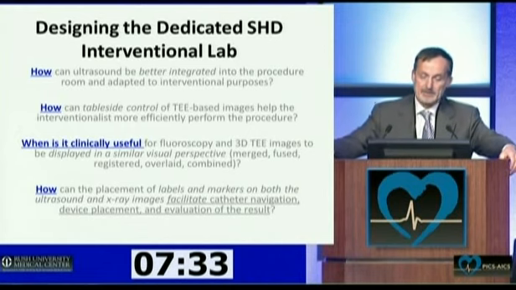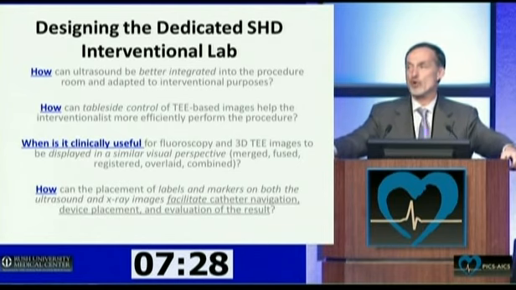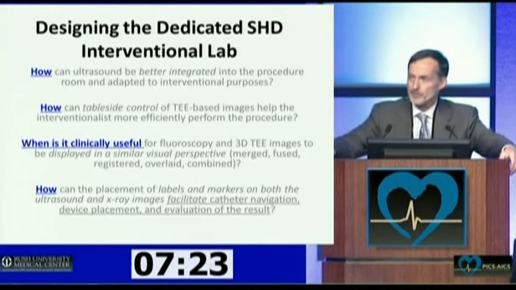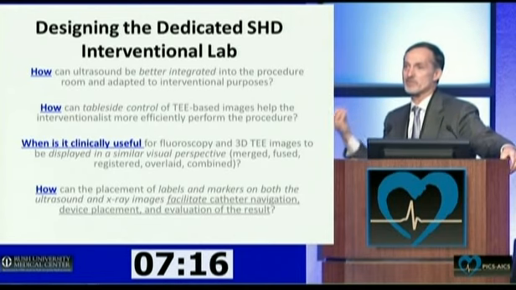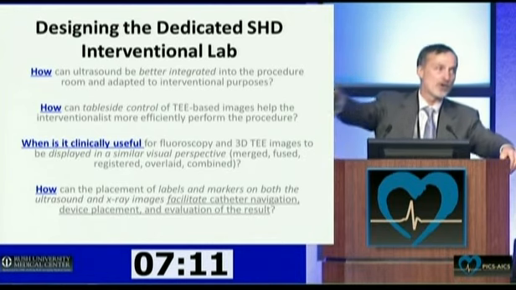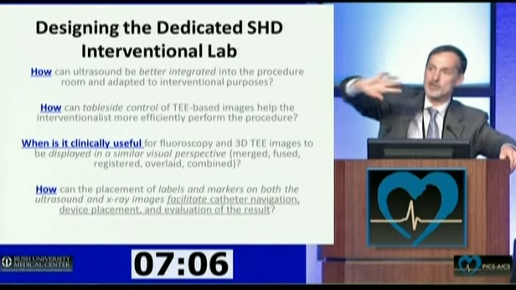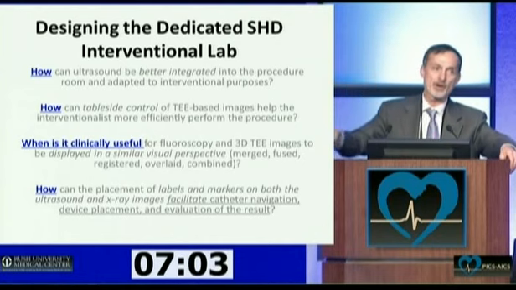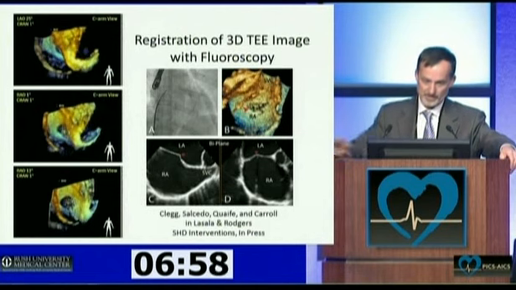And how do we get clinically useful combinations of the two such that we get visual concordance rather than looking at the same structure from a couple different perspectives? Can we in fact have some efficiency by combining the two? And can we actually start placing images, labels, such that our whole team can know what we're doing, can identify structures as we turn these complex 3D data sets, where we know where a certain landmark is and don't get lost in 3D?